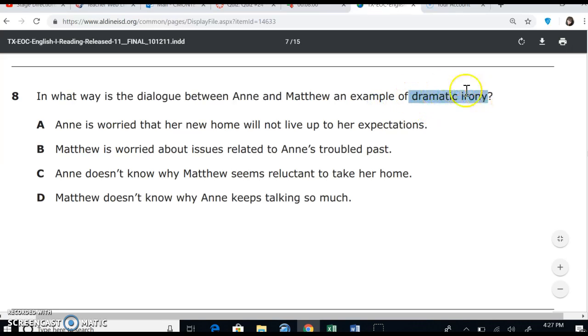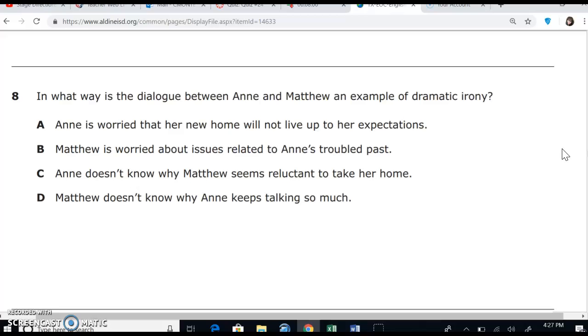You're going to have to go back to the dictionary if you don't remember what this means. There's no way you can answer this question if you do not know what dramatic irony is. Dialogue, I know you all know, is a conversation between characters, the lines the characters are saying. So in what way is the dialogue between Anne and Matthew an example of dramatic irony?